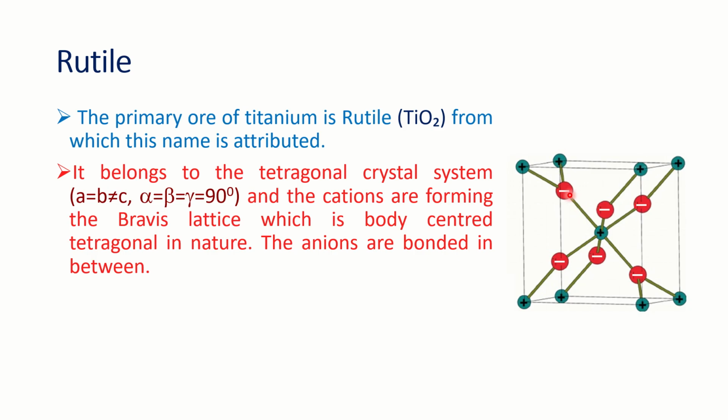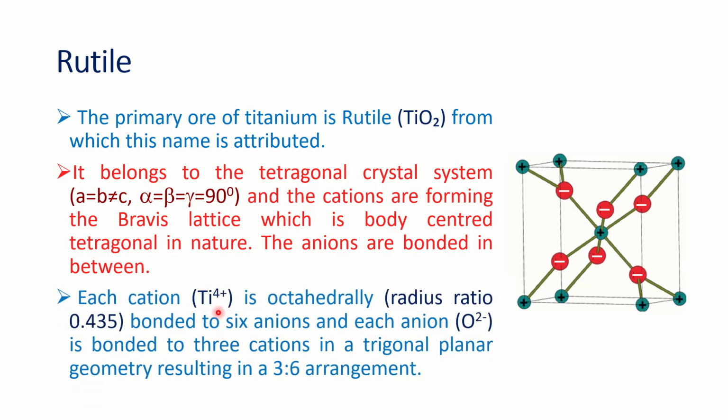Now in between there are six more oxide ions, O2- ions, which are octahedrally surrounding the body centered titanium cation. On the other hand, each oxygen is surrounded by three titanium 4+ ions in a trigonal planar manner.